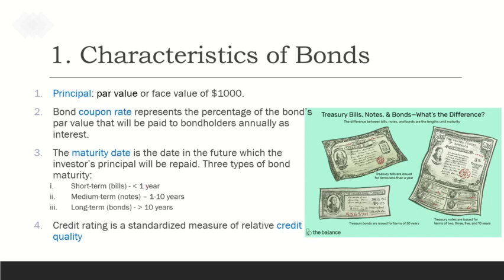So it's called a principal, which is the par value or face value of 1,000. Biasanya starting point of bond ni dikenali dengan par value. 1 is equal to 1,000. The second one is bond coupon rate, which represents the percentage of the bond's par value that will be paid to bondholders annually as interest.